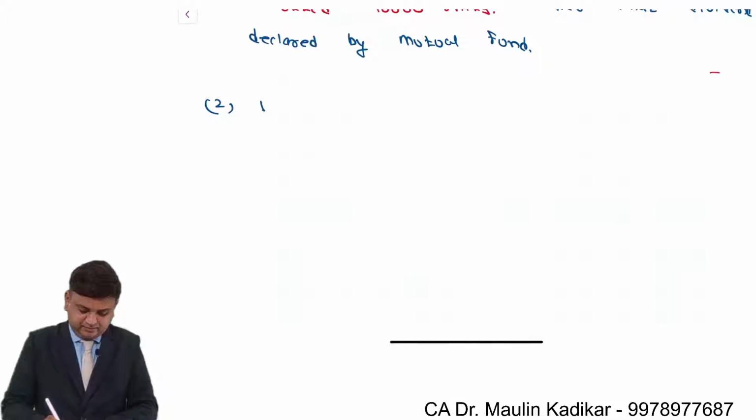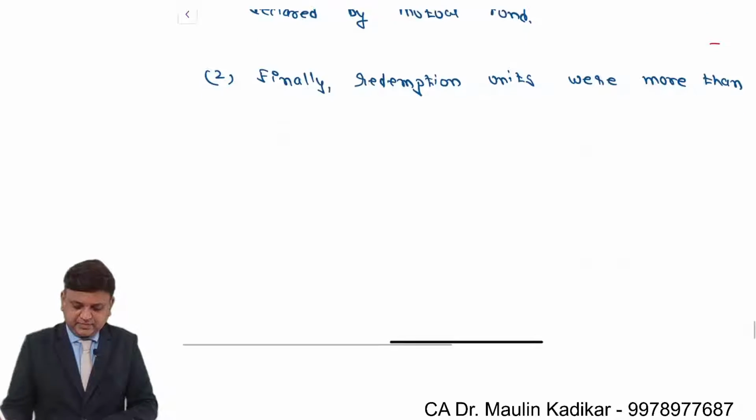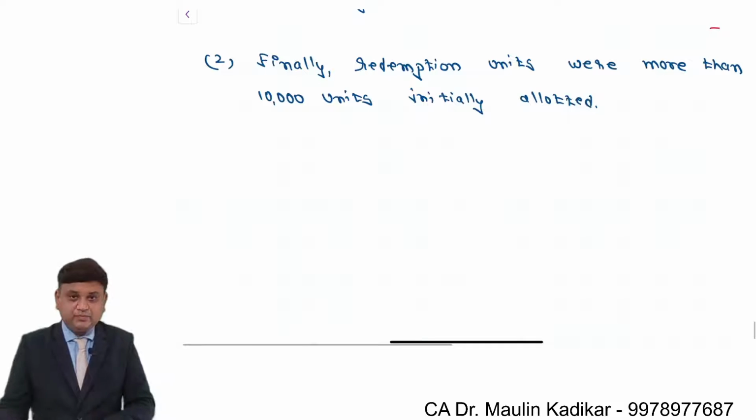Next, finally, redemption units were more than 10,000 units initially allotted.